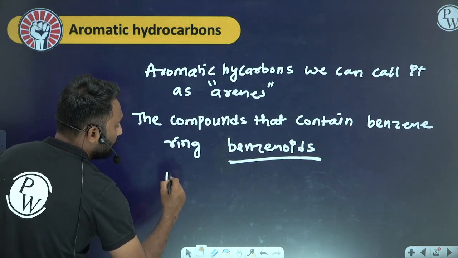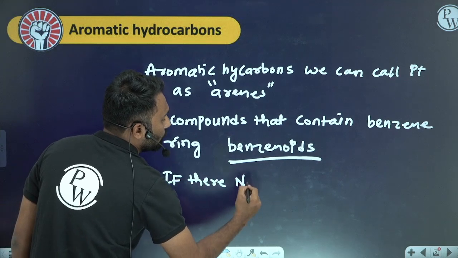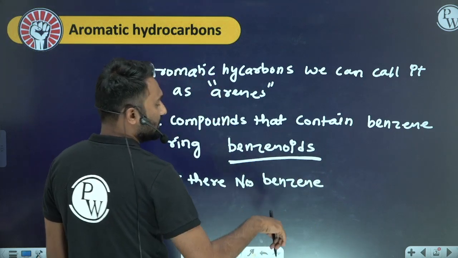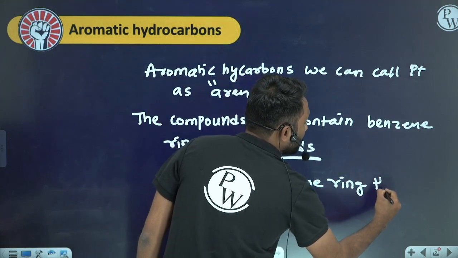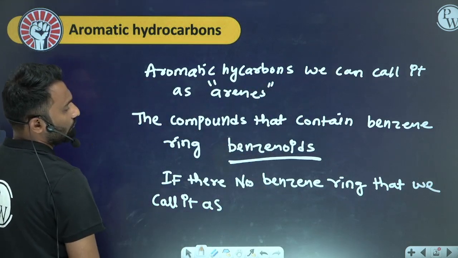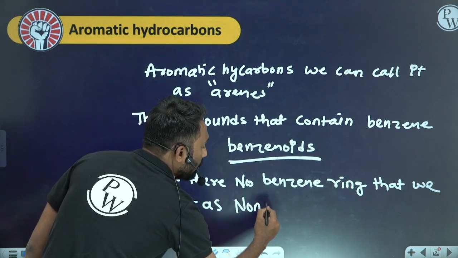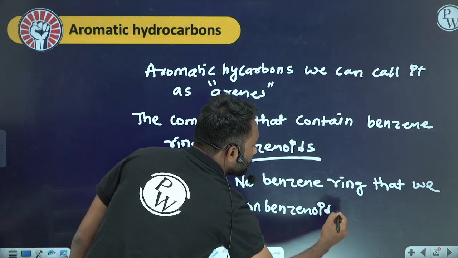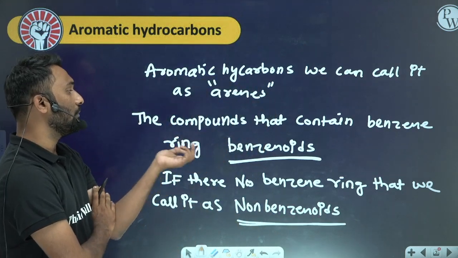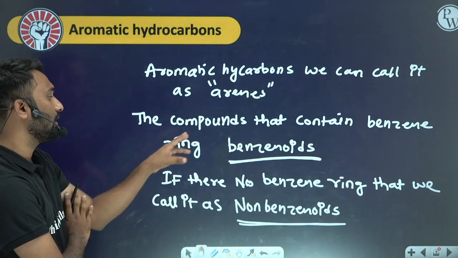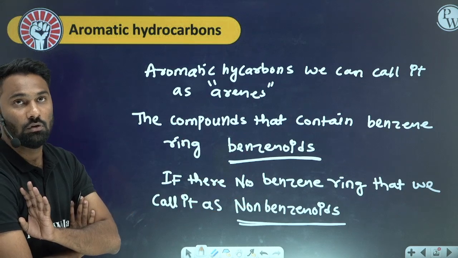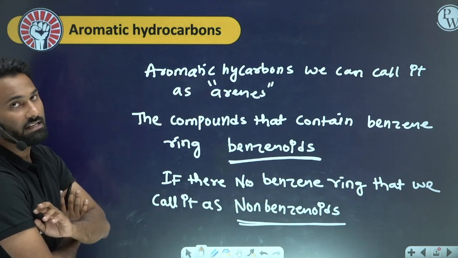Now if there is no benzene ring, that we call a non-benzenoid. In aromatic compounds, the compound that contains the benzene ring we call a benzenoid. In aromatic compounds, if there is no benzene ring, those compounds we call non-benzenoids. Clear? Aromatic hydrocarbons we can call arenes also.